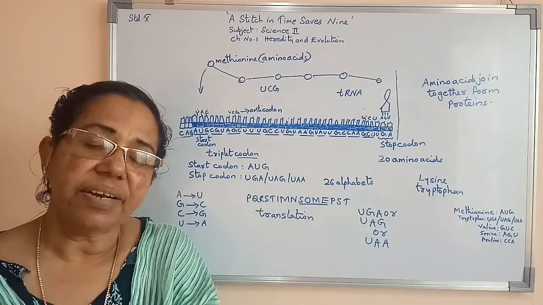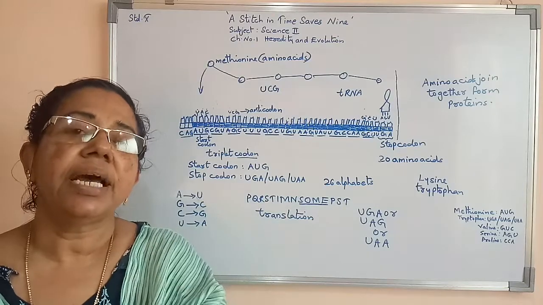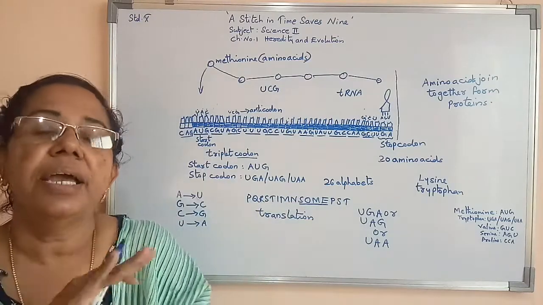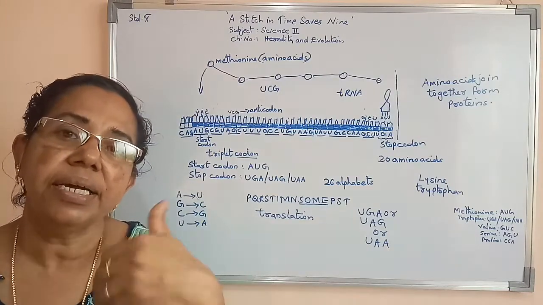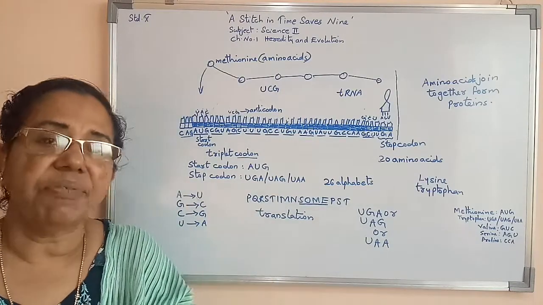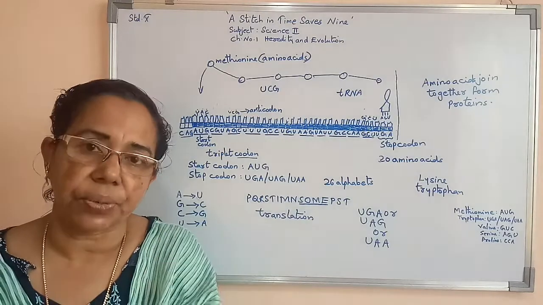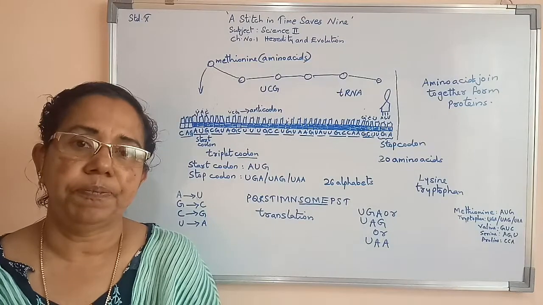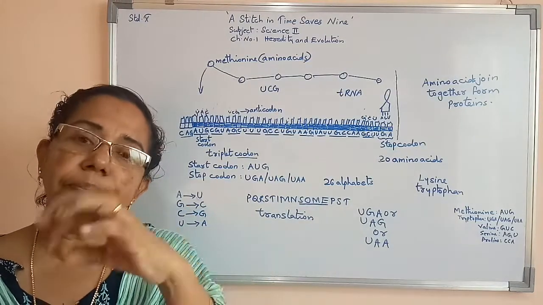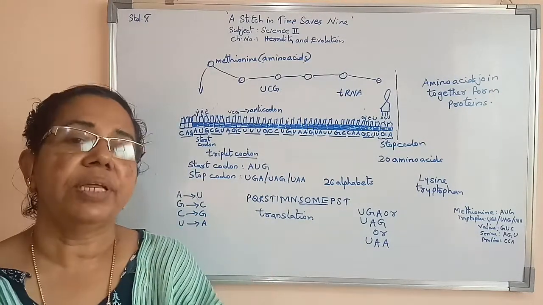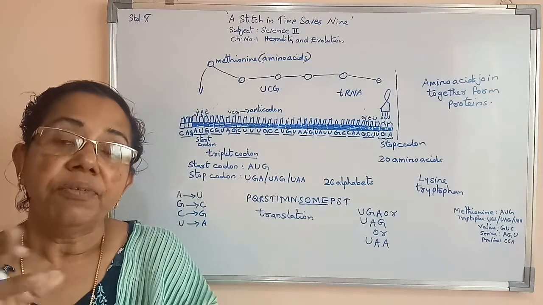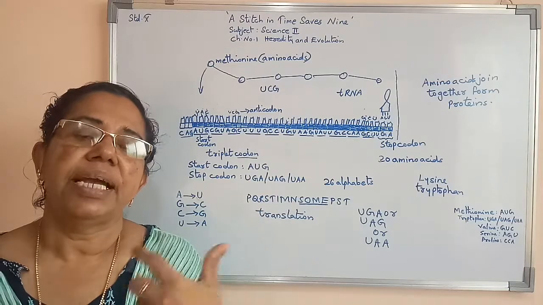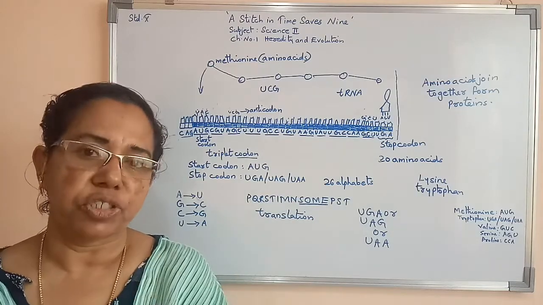Then as and when this new messenger RNA completes the production of a new protein, it disappears again. After some time, when protein synthesis is required again, DNA produces new messenger RNA. Then with the help of that messenger RNA, a new protein will be produced by taking the help of tRNA as well as ribosome.